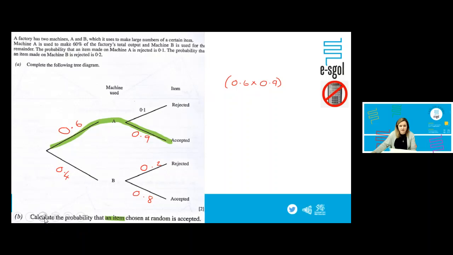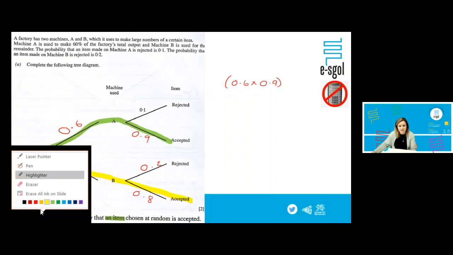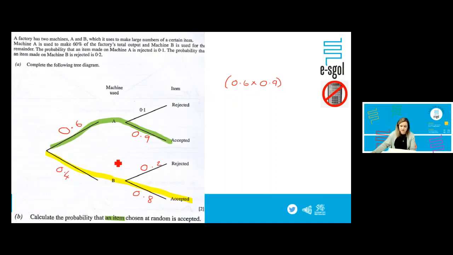And then if we work out the probability of being accepted from machine B, the chance of choosing machine B, first of all, is 0.4, and then being accepted on that machine is 0.8. So you would be following what I've labelled as the yellow path there. Now we will be adding this in a second, so I'm going to put my add sign in there, and we're multiplying that by 0.8.